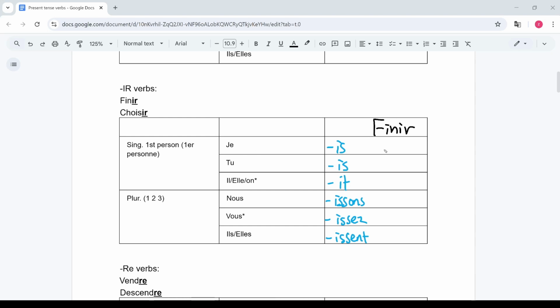Again, our first step is to identify which group it is. This belongs to the IR group, and so we are going to remove our IR ending. We're left with FIN. Now, same thing, we're going to take our FIN and add our new ending. For present tense, je would become finis.